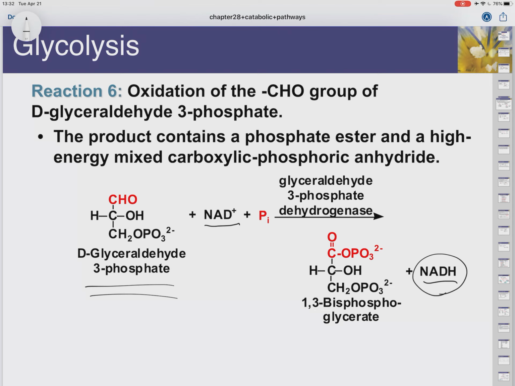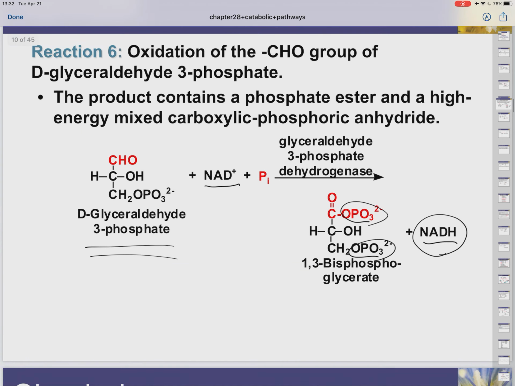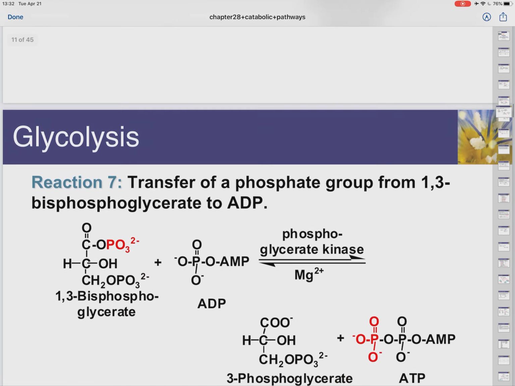We're also going to add a phosphate on here. So we're going to add this phosphate to our molecule. So now we're going to have 1,3-bisphosphoglycerate. So there's 2 phosphate groups on here now. 1, 2. This is the high energy molecule that we have been working toward.